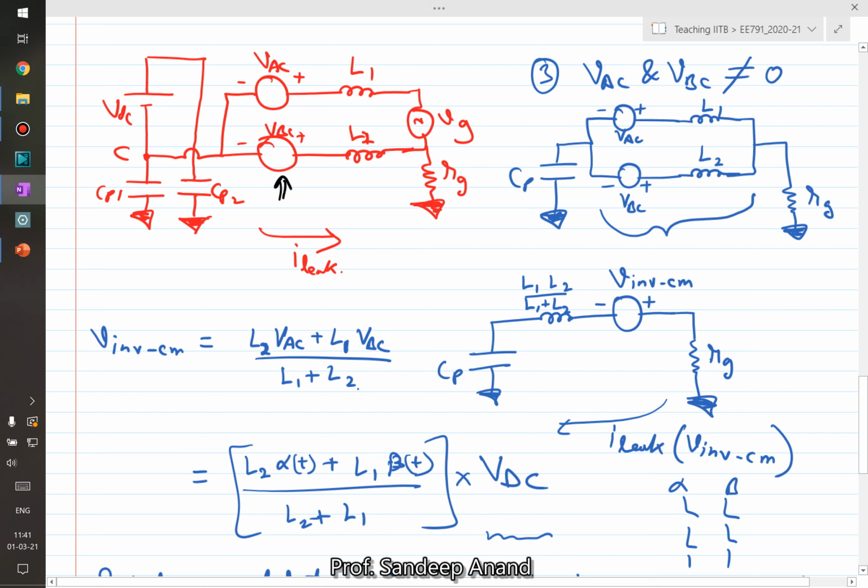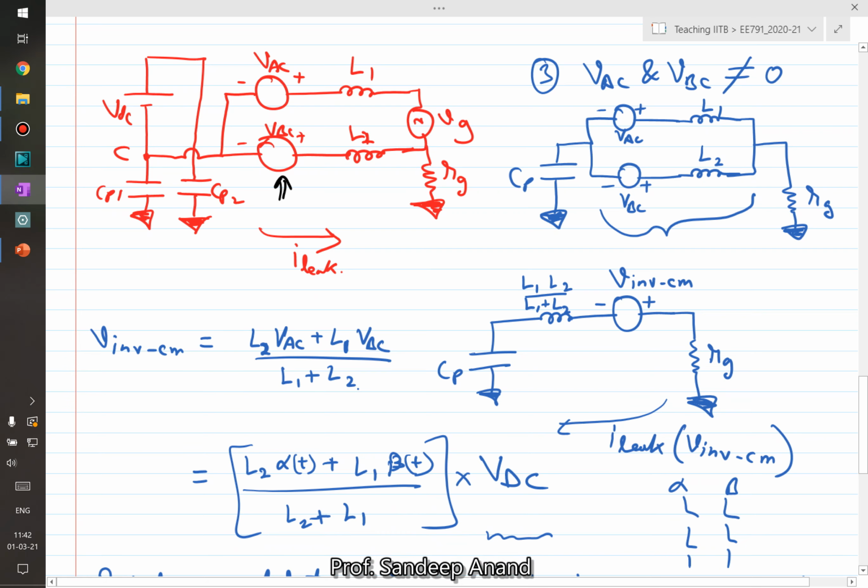So this generic approach of defining the common mode voltages because of different elements, because of the inverter, because of the grid, and so on, helps us analyze the circuit, find out the leakage current, and find the contribution of the different sources and phenomena to the leakage current.